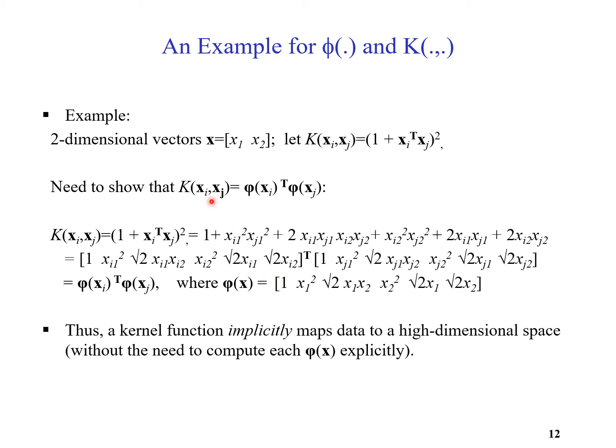So if you choose, for example, a polynomial kernel like this, then it actually maps the original data into this higher dimension, in this case a 6th dimension, and the configuration of this higher dimension looks like this. So it automatically determines the number of dimensions and the configuration in the higher dimension. Everything is automatic. That's the beauty of the kernel function. You don't have to worry about this.